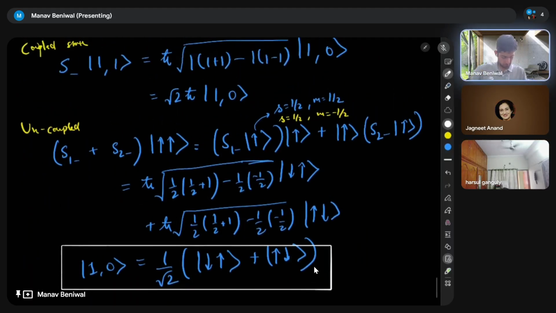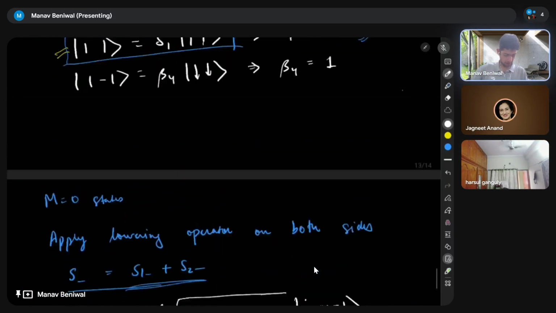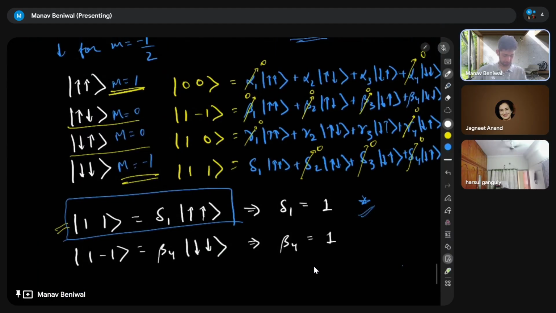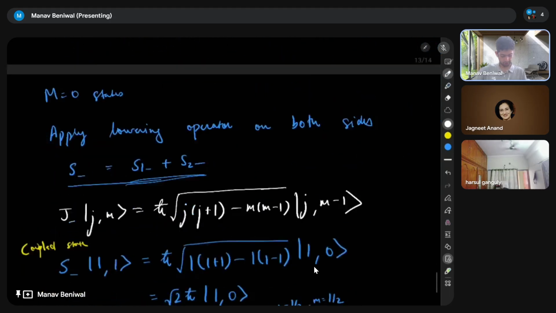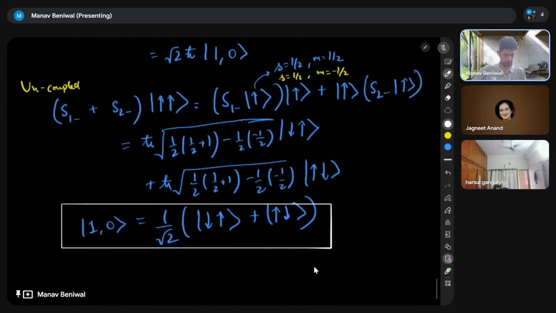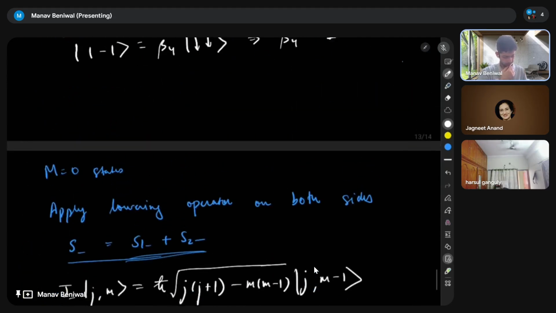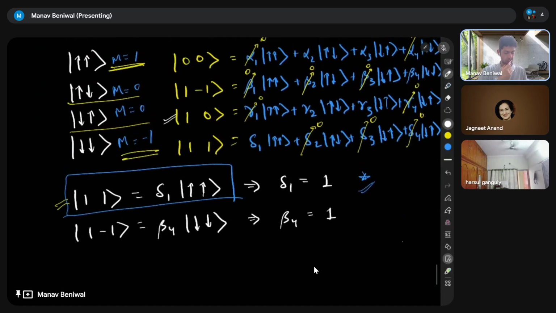Now if we compare back here, this is the 1 0 state, right? The 1 0 state we have successfully written in terms of up down and down up, and these coefficients are coming out as 1 by root 2, 1 by root 2.